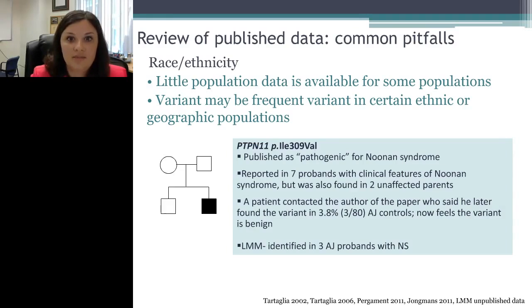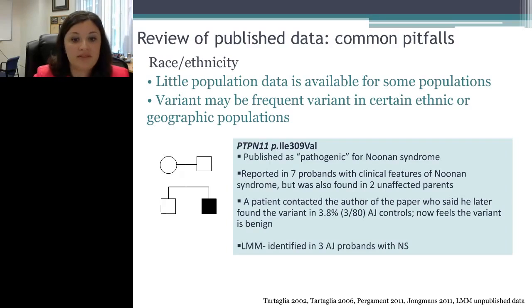This variant had been previously published as pathogenic in several papers for Noonan syndrome. It had been reported in 7 probands with the clinical features of Noonan syndrome, but this variant had also been found in 2 unaffected parents. A patient received this variant back on a report and decided to contact the author of the paper.